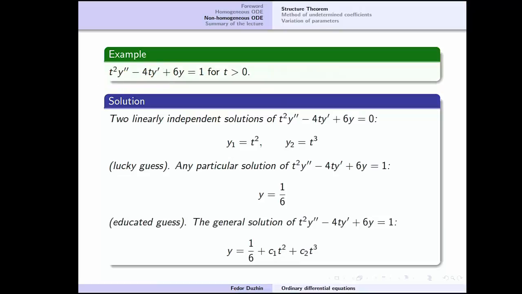And then it means that the general solution of the non-homogeneous equation is going to be this particular solution, which is 1 over 6, plus the general solution of the corresponding homogeneous equation. So this and this.